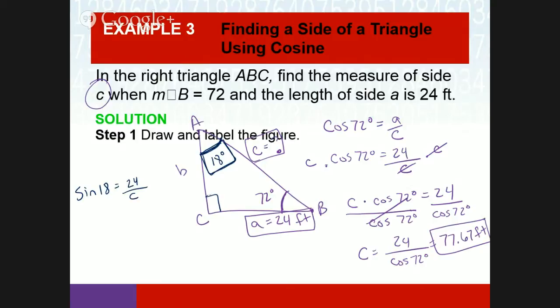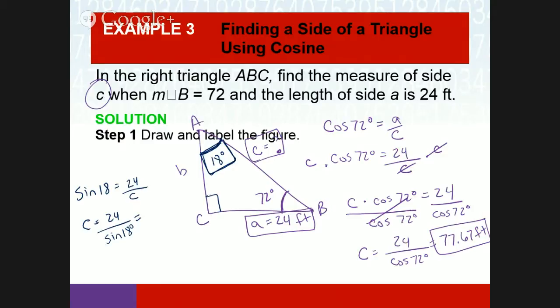Let's see. So what would C equal if it was 24 divided by sine of 18? What do you guys get?